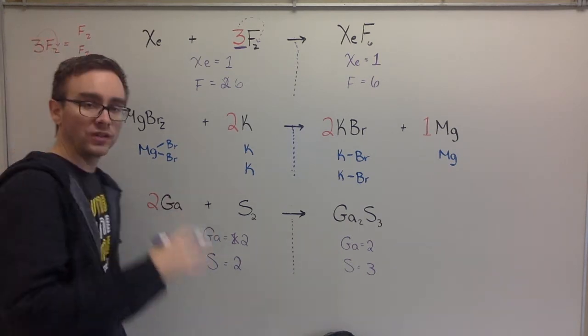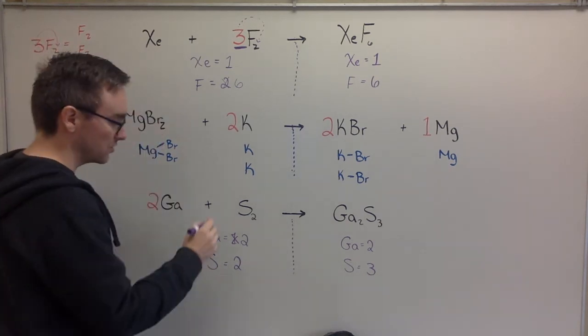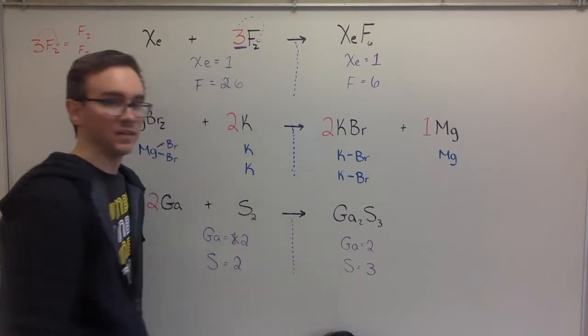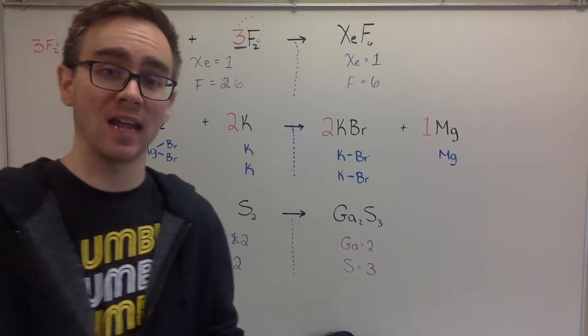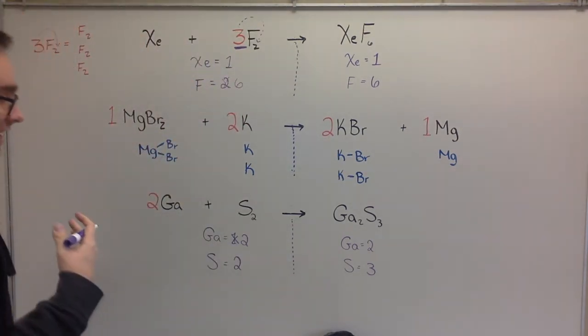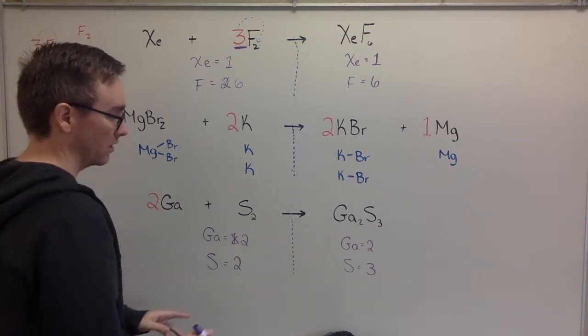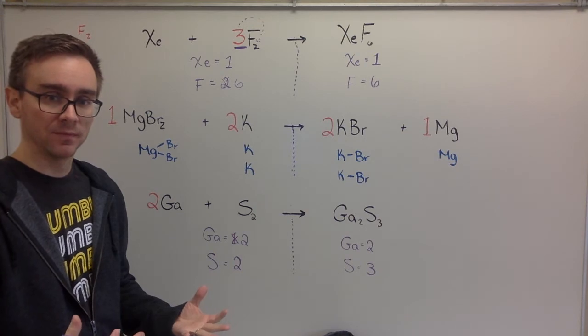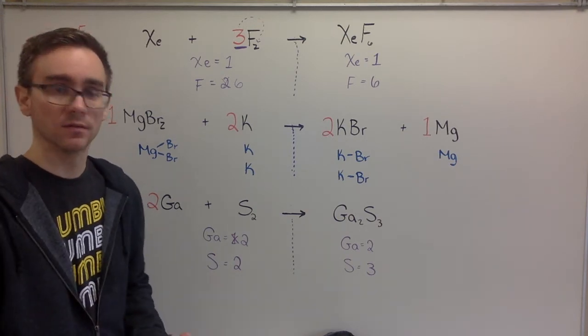Well, you can only use whole numbers. There is no number I can put here. What number times 2 equals 3? The answer is 1.5, but we can't have half a sulfur. So it's got to be whole numbers. So I need to think about where is a place that 2 and 3 both meet together. 6.